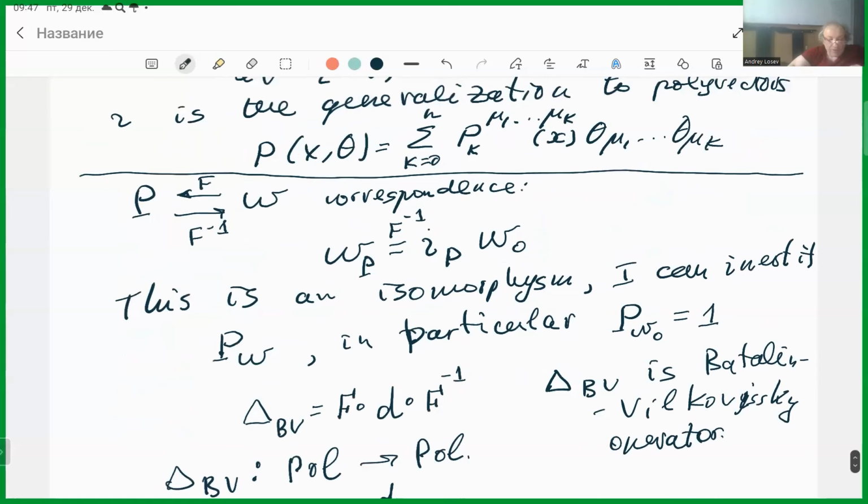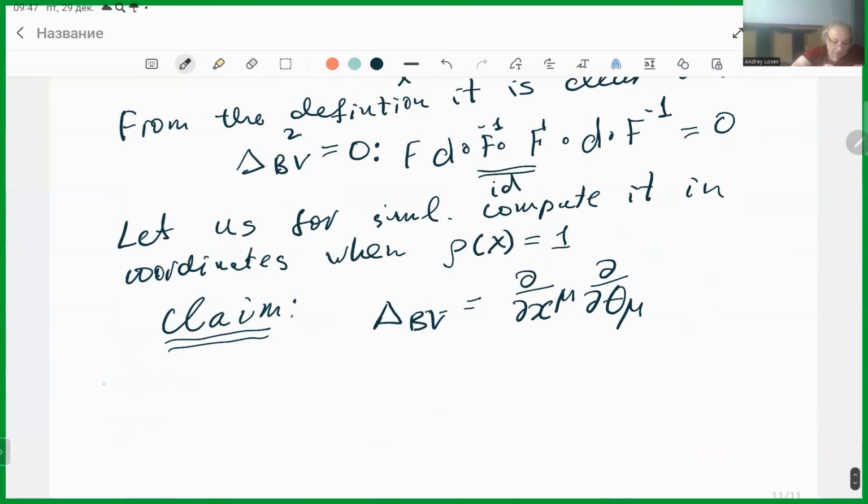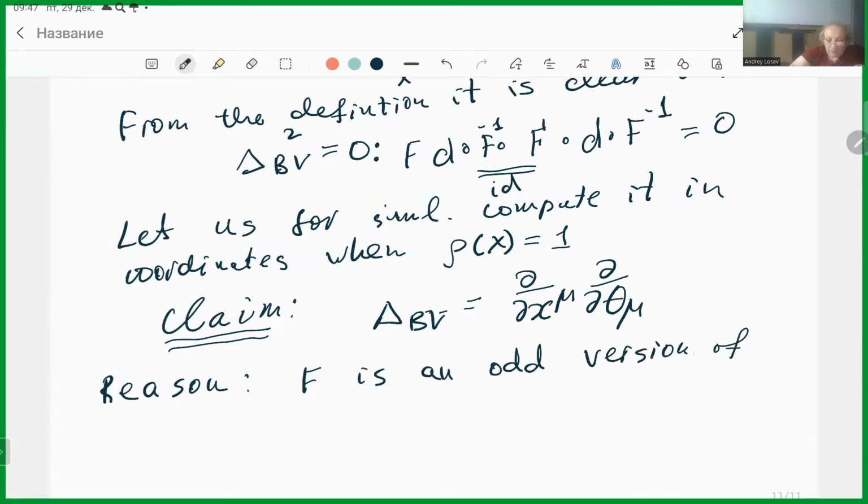And the reason is that F is an odd version of the Fourier transform.